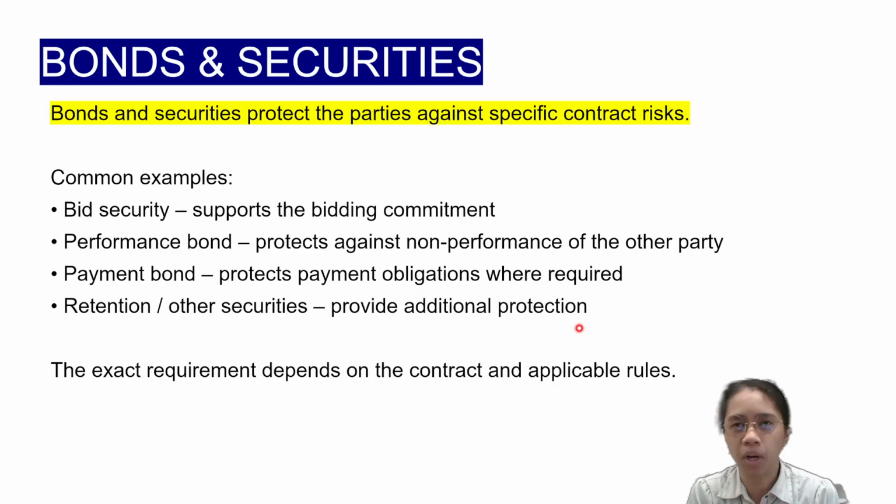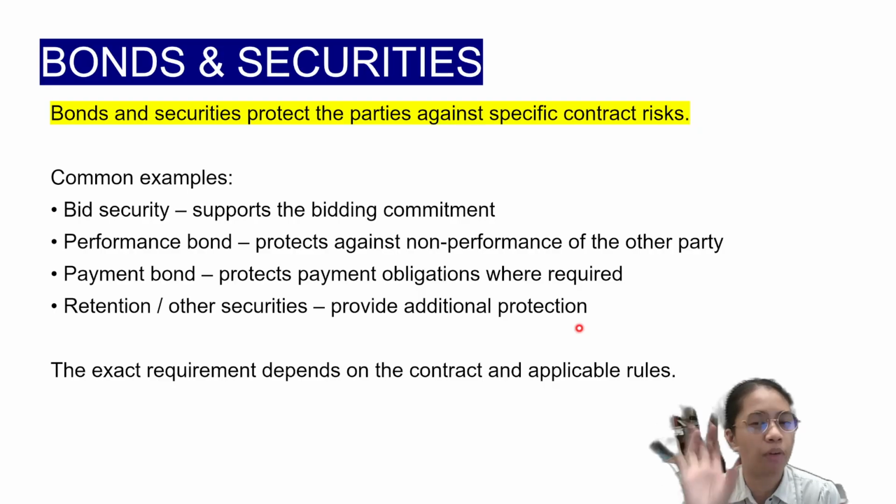So the both parties, whether the owner or the contractor, should feel secure with the agreement that you are entering. If in case something happens, for example, if the client will require the contractor a performance bond, meaning the client is expecting the contractor to perform well.